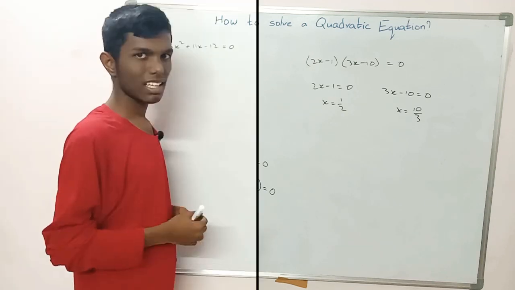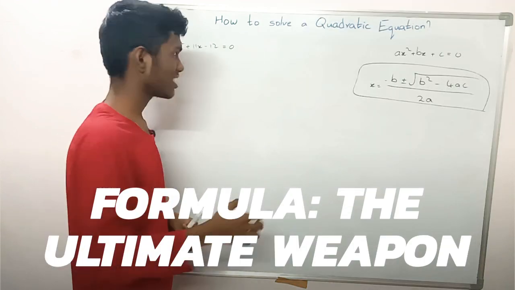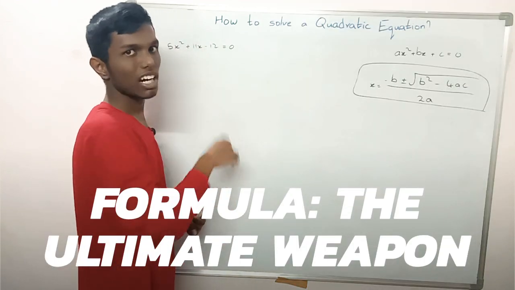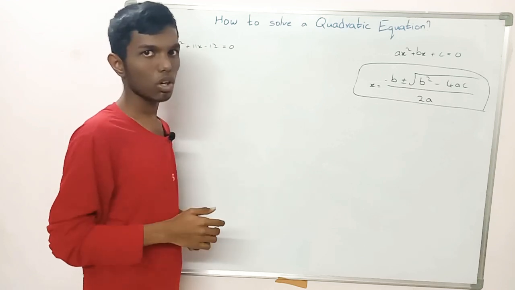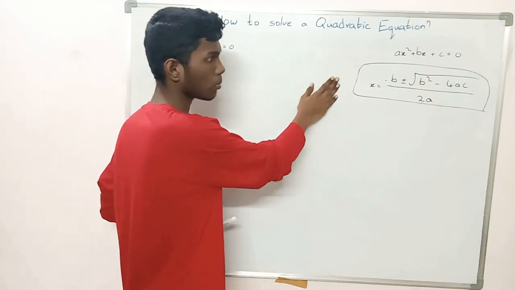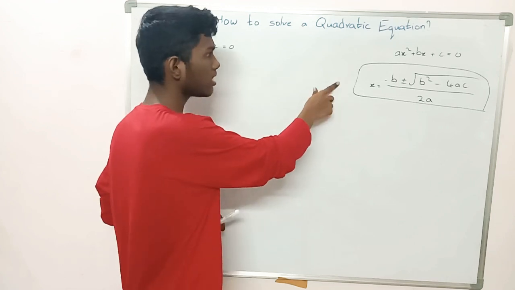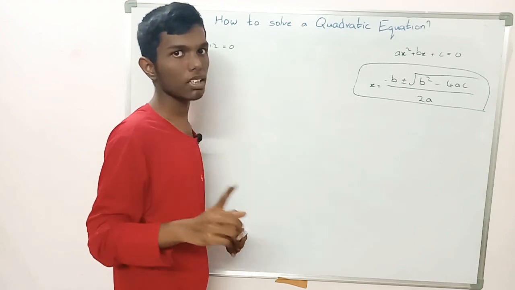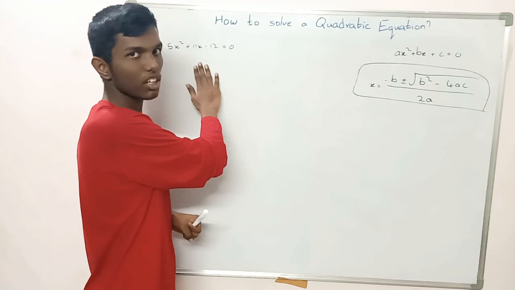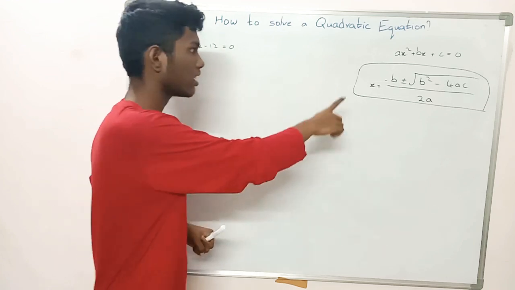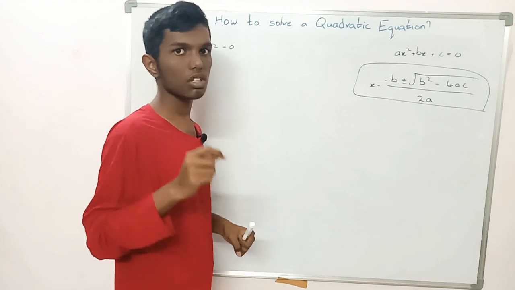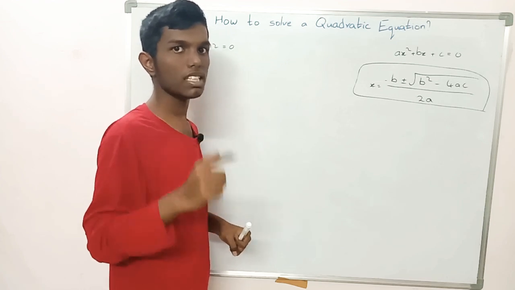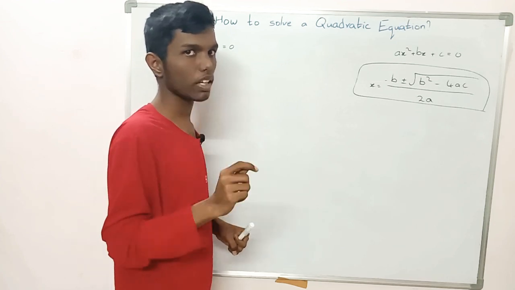Let's see. Last but not the least, a problem which can't be factorized. These type of problems can be solved by using this formula. And this is the ultimate weapon to solve any kind of quadratic equations, and it is given by x equal to minus b plus or minus under root b square minus 4ac by 2a.